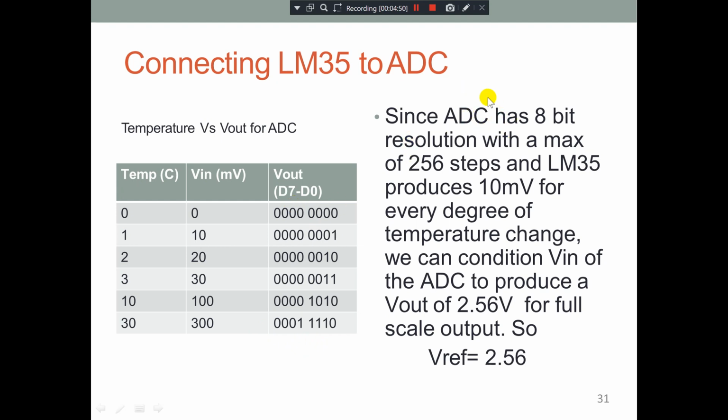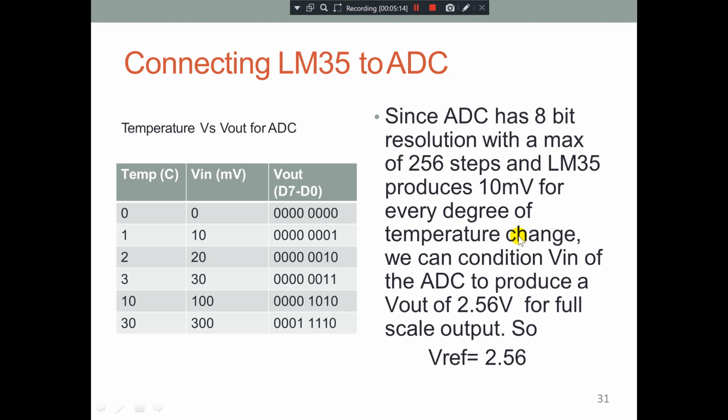We learned in the last class that the ADC we use for interfacing with the 8051 is an 8-bit ADC. It has a resolution of a maximum of 256 steps, and the LM35 produces 10 millivolts for every degree of temperature change.